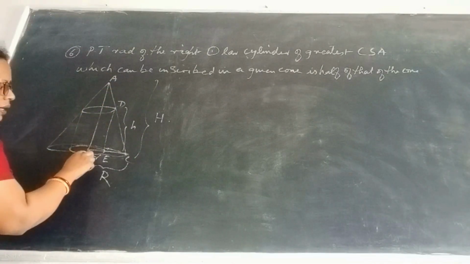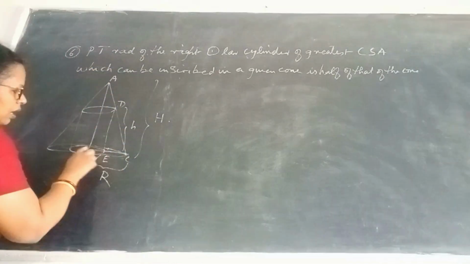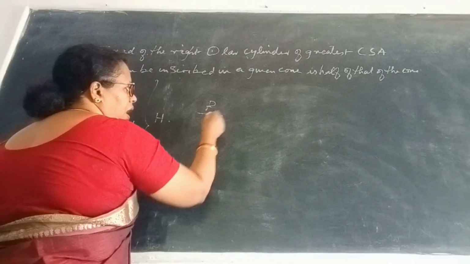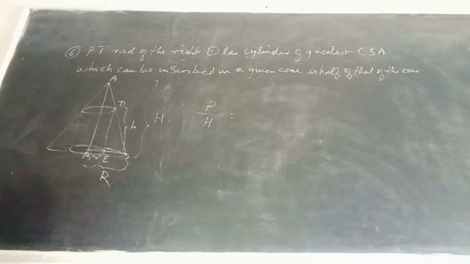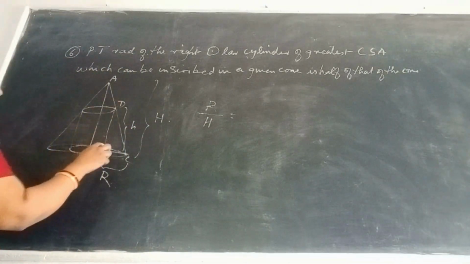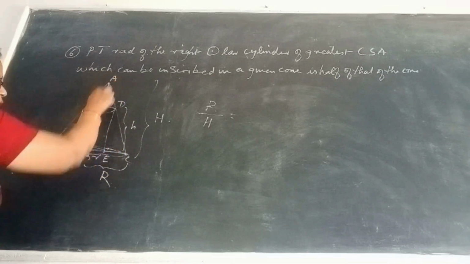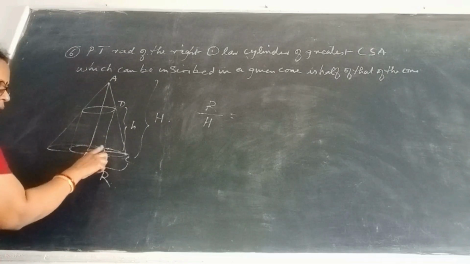In triangle ABC, this side is R and this side is H, so R by H. For the smaller triangle DEC, corresponding to big H there is small h.